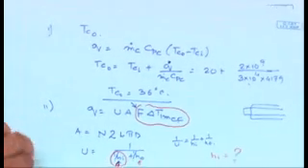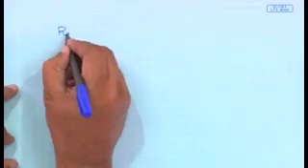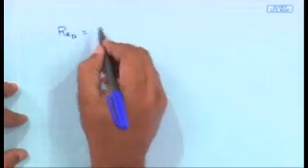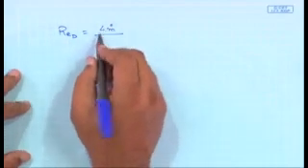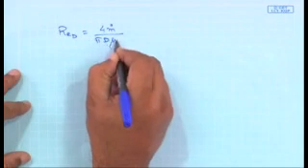In order to do this, the first thing that one needs to do is find out what is the Reynolds number based on diameter, to find out whether it is a laminar flow or turbulent flow, 4 m dot by pi d times mu.